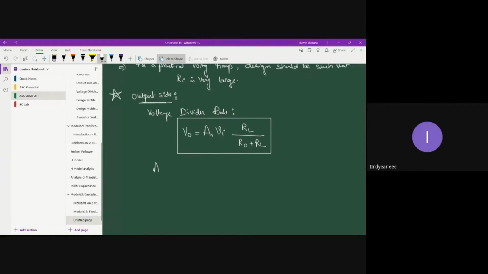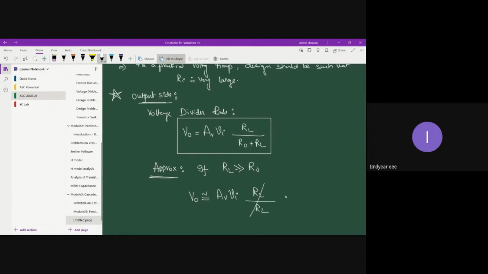Right. Then approximation. Let's suppose the load resistance is very large in comparison with the output resistance of the amplifier. If RL is very, very large in comparison with R naught, then V naught can be approximately written as AV into VI into RL divided by RL, because R naught is very small.